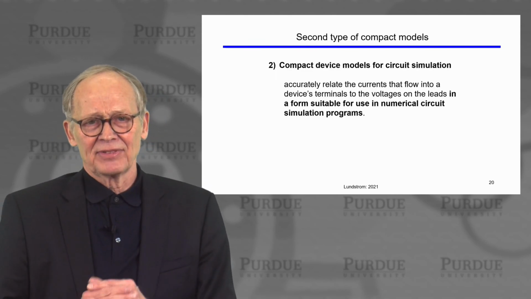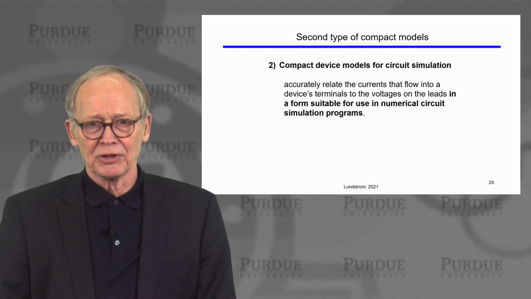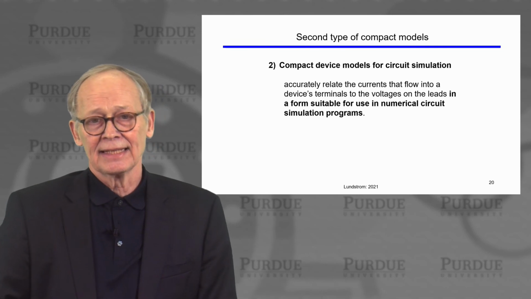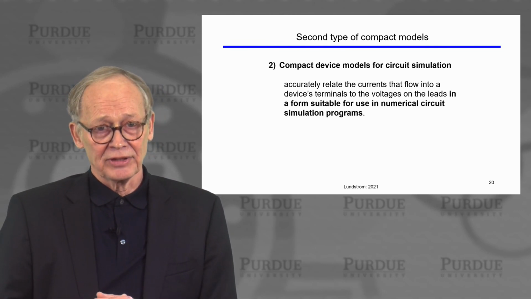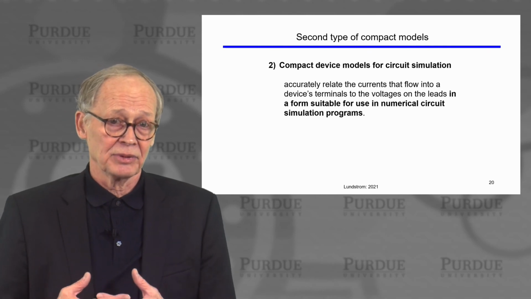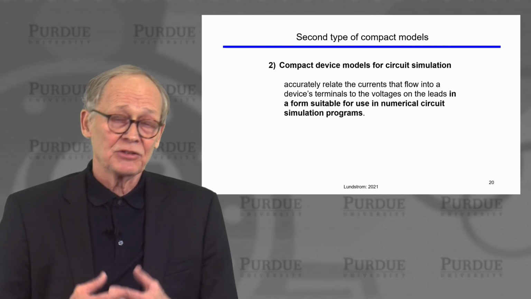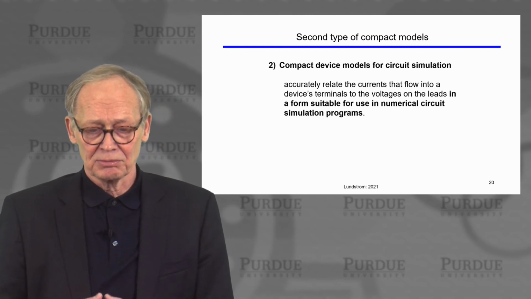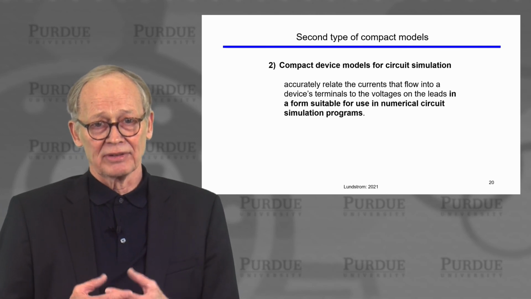There's a second type of compact model that is much more involved and has many more parameters that accurately describe transistors of various sizes under various conditions and are used by circuit designers to design the circuits that we all make use of in our electronic products. These are models that are suitable for use in numerical device simulation programs. We'll only be mentioning these kinds of models late in the course.